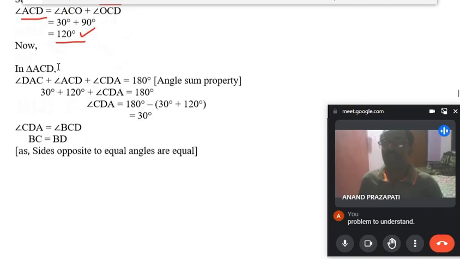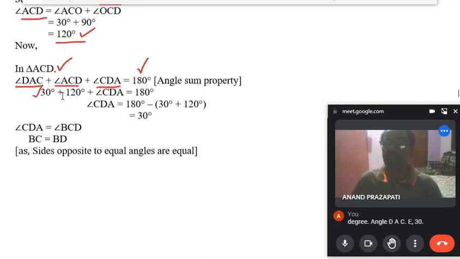In triangle ACD, angle DAC plus angle ACD plus angle CDA. We know that the sum of three angles of a triangle is 180 degrees. Angle DAC is 30 degrees.